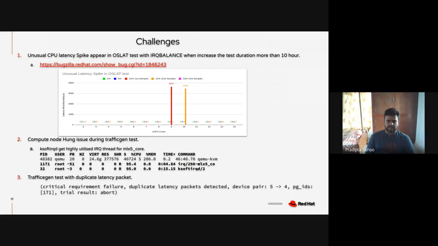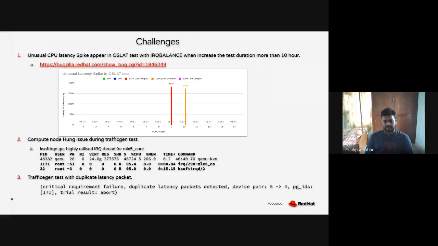This issue was reported when you increase the timeline to more than 10 hours. I did 3 sample tests, and in 2 samples this issue appeared. So I'm working with the real-time team, and we are expecting this issue will be fixed in the future. The remaining 2 issues are mainly specific to the environment side.